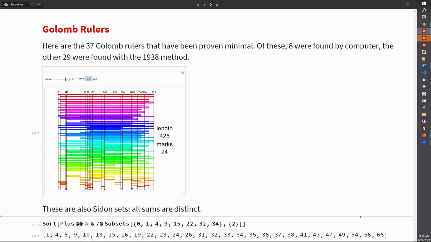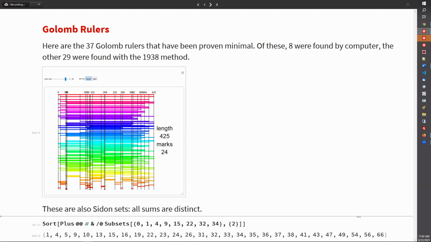Basically, if you had a Golomb ruler that did not generate a Sidon set, then you could take 2 values in that set that represented a repeat. Say A plus B is equal to C plus D. Well, then you just use a little bit of arithmetic.